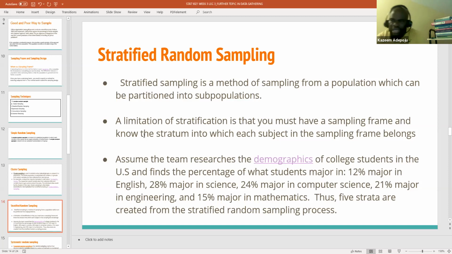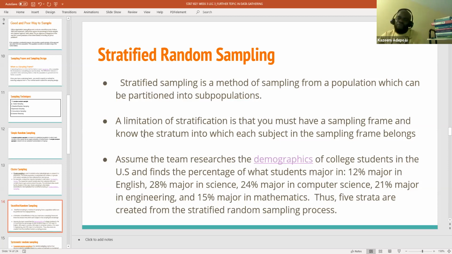Assuming that we want to investigate the performance of sophomores in American colleges. If we really want to do that, we can stratify them across disciplines. Disciplines in American colleges include, of course, some people majoring in science, some in engineering, some in computer science, some in mathematics, and some in English.